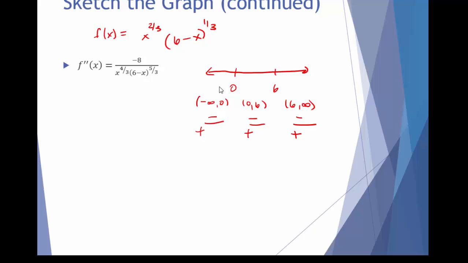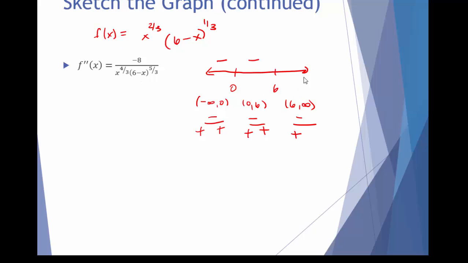If we plug in something like -1, again, I'm only plugging it into this factor. 6 minus -1 ends up being a positive number, so we get a positive here, which says that overall this interval ends up being negative. If you plug in something like 1, again, 6 minus 1, positive. So sure enough, it's not changing sign at 0. That's because that one has an even power on it up there.